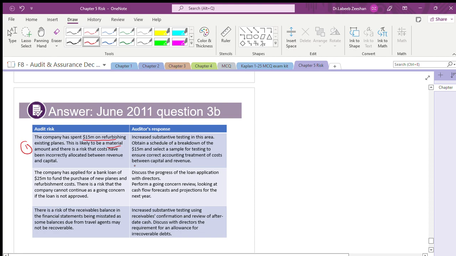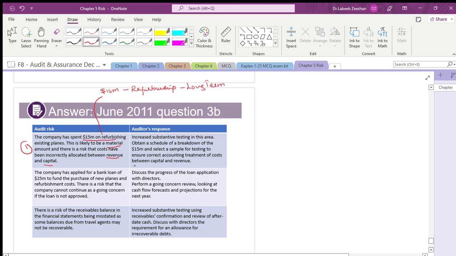And this will have a risk that the costs have been incorrectly accounted between revenue and capital. See, when you are having the refurbishing, if we are saying it is 15 million, refurbishing cost is long term.